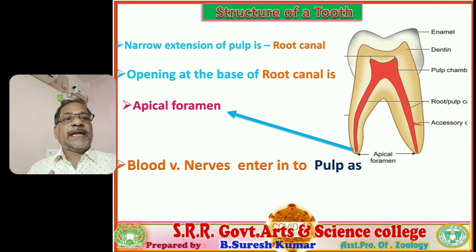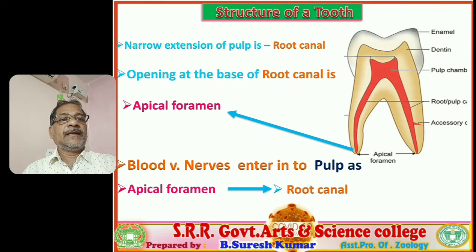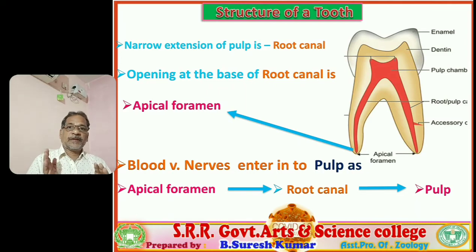So now we will discuss the sequence, in what way the blood vessels and nerves extend into the pulp. From an entrance point of view, it is very important, as sequence questions are asked. First, you observe the apical foramen occupies first position. Through the apical foramen, the blood vessels and nerves enter into the root canal. From the root canal, they extend into the pulp. This is the sequence, so the sequence is more important: what structures it crosses and where it ultimately settles down.